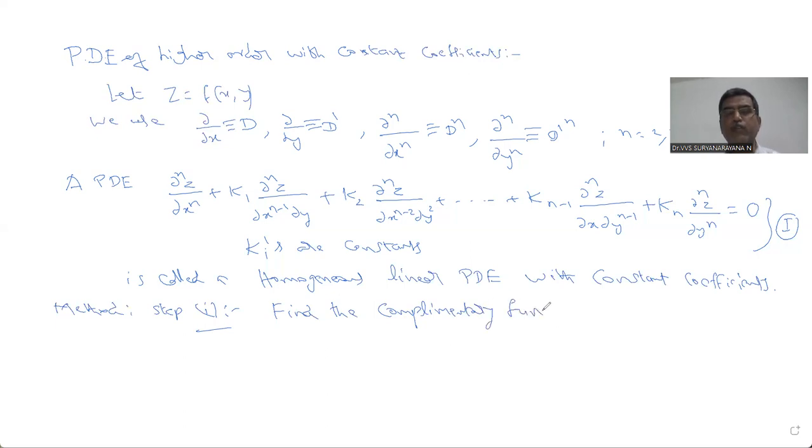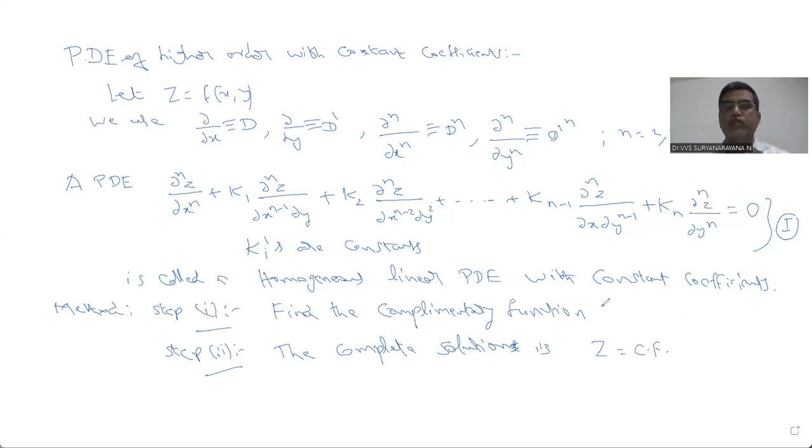In step number 2, we directly write the complete solution. The complete solution is simply the dependent variable z equal to CF. That's it. Only 2 steps.